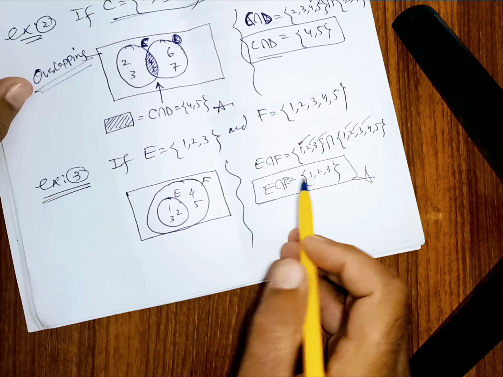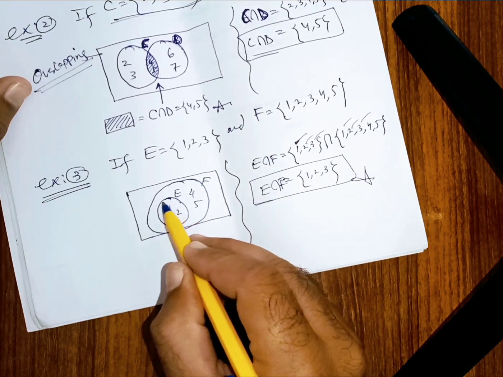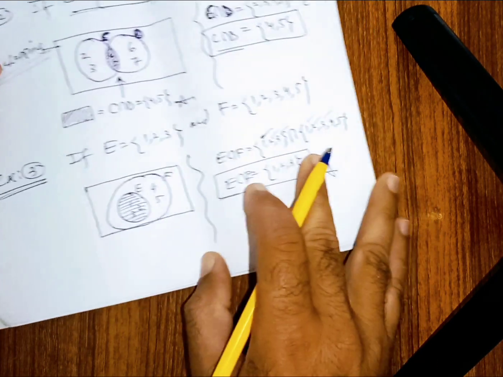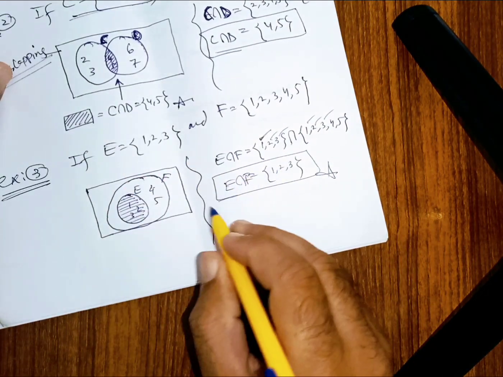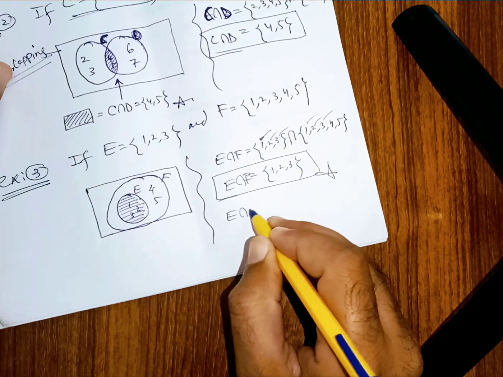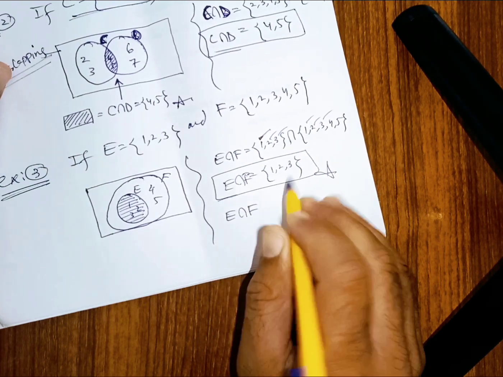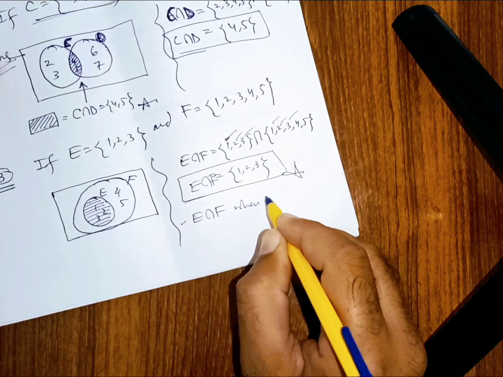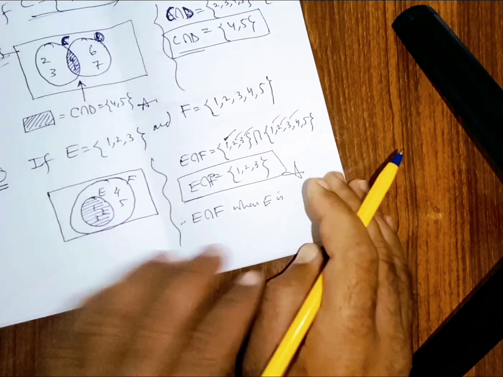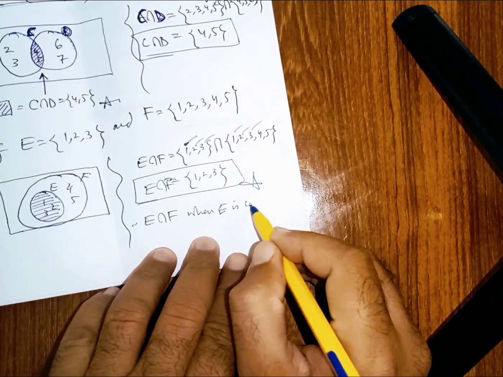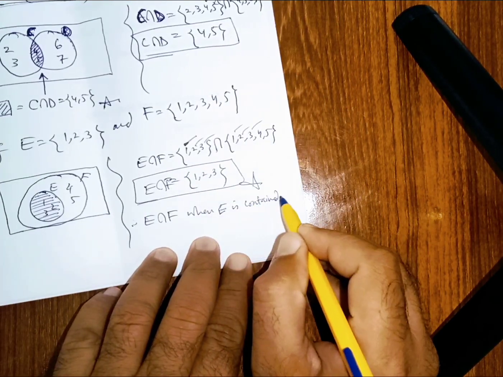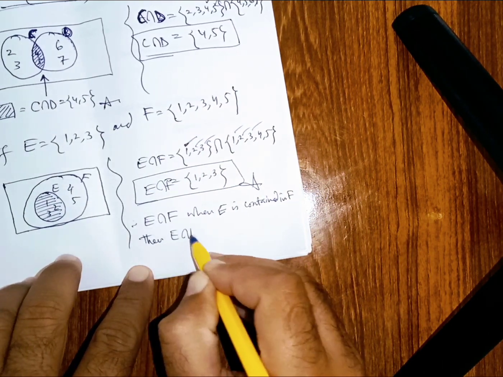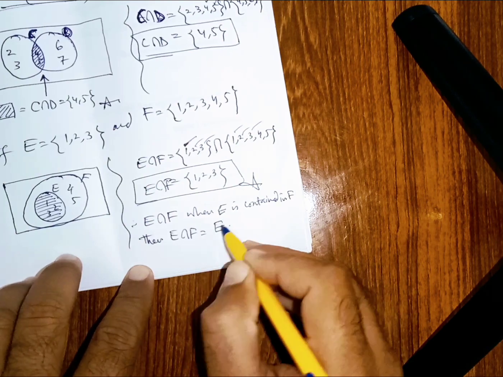Here we see that 1 2 3 is inside E, so we will shade this whole E. In other words, if you generalize this problem, this means E intersection F, when E is a subset of F. So when E is contained in F, then E intersection F will be E, the smaller set.